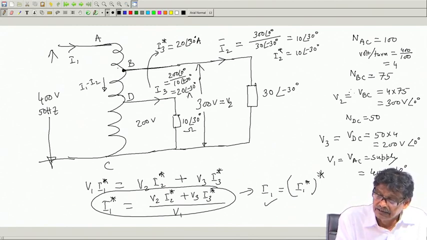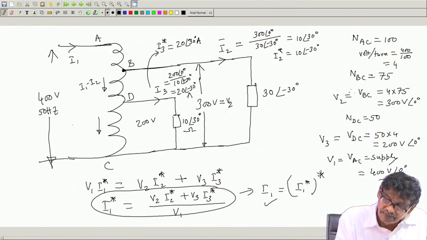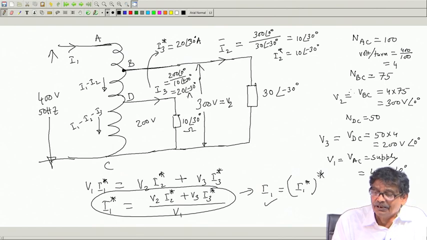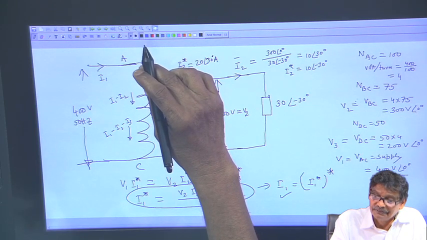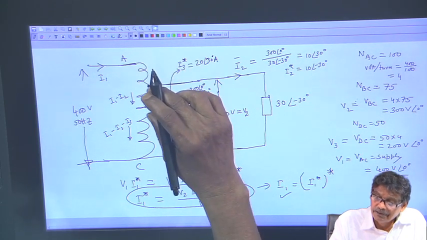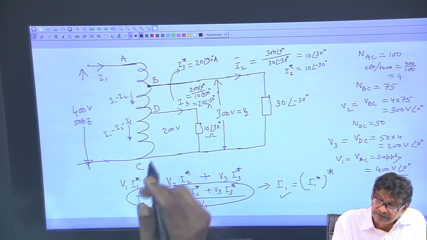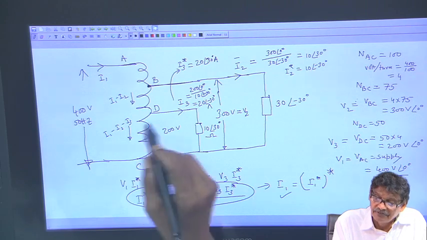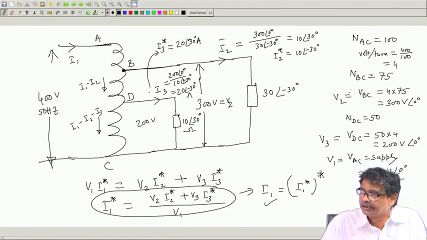Here I 1 minus I 2 coming, then another I 3 is going, so I 1 minus I 2 minus I 3. Interesting thing you will observe: the MMFs of these isolated coils, this portion, this portion, this portion, sum to 0. It will be automatically taken care of.